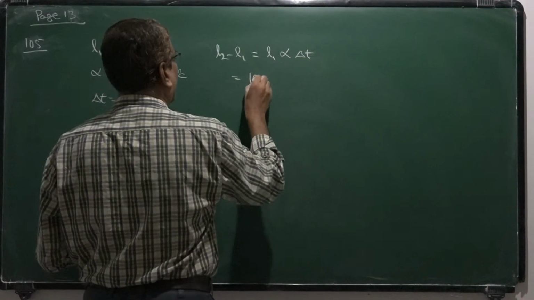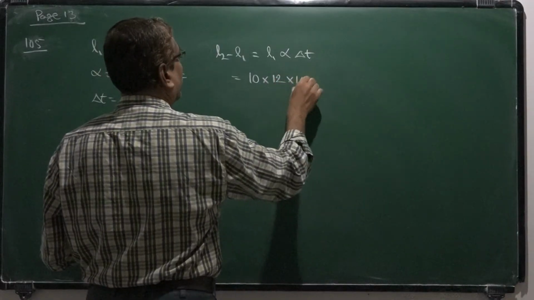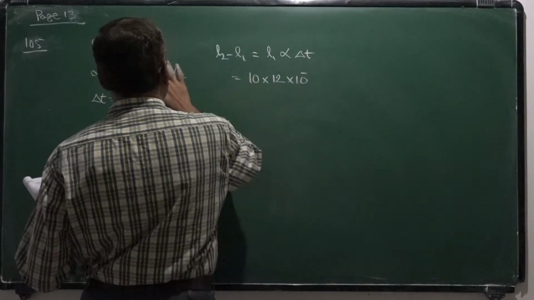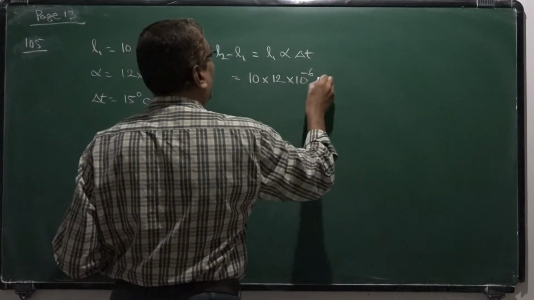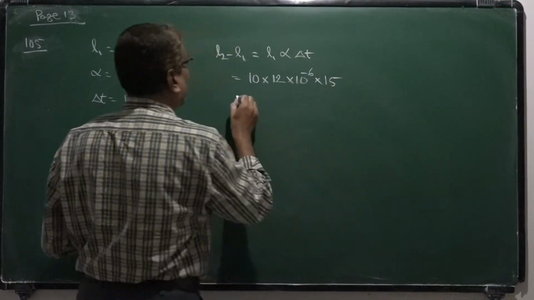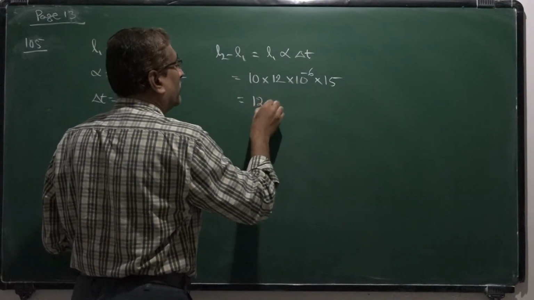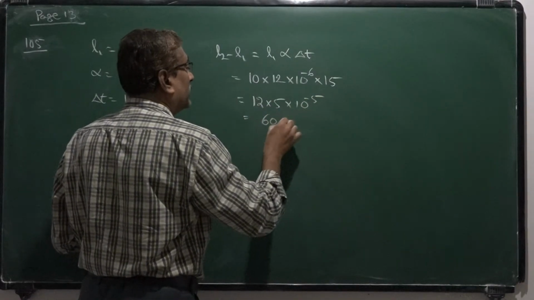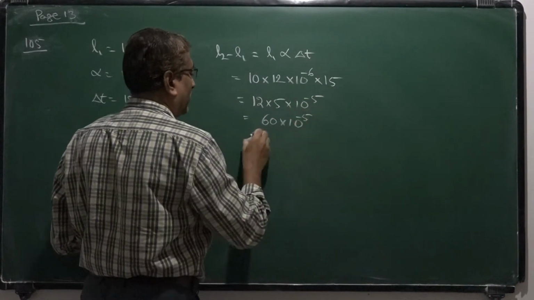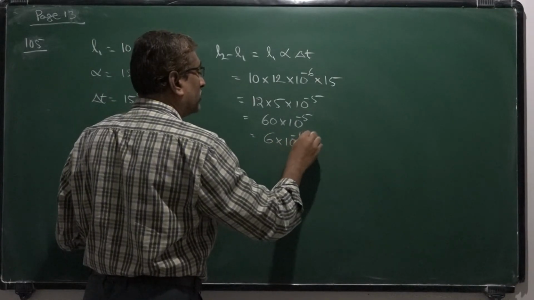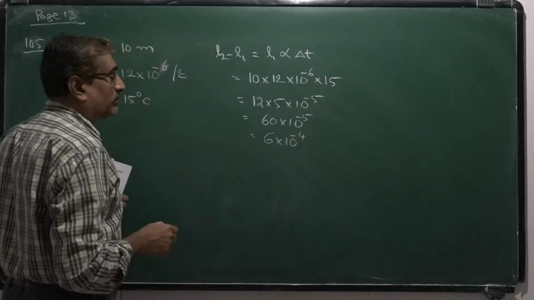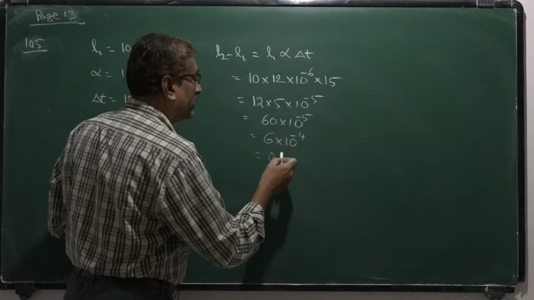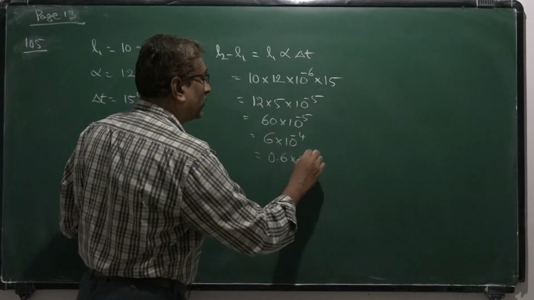So that is 10 into 12 into 10 to the power minus 6, into change in temperature 15.